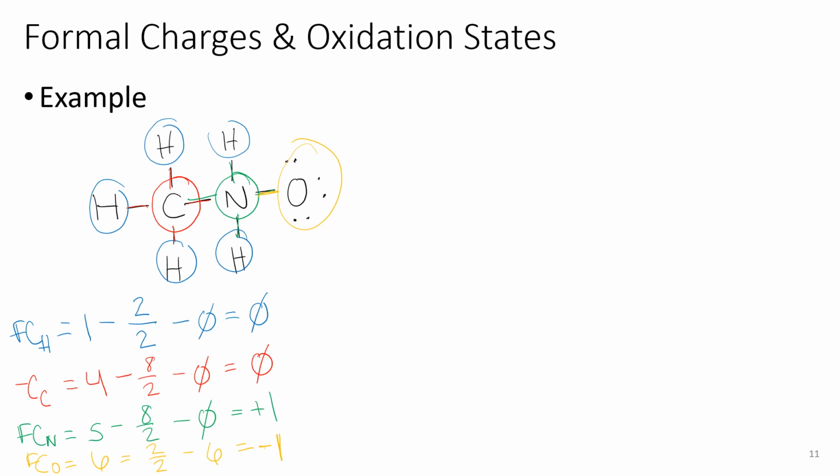From here, let's use the same molecule, but let's look at oxidation states. So the oxidation state of hydrogen. Remember, now we're looking at complete transfer of electrons. If I look at my hydrogens that are bound to carbon, carbon is more electronegative, so all the electrons are going to go towards carbon from my hydrogen. I see the same thing with hydrogen and nitrogen.